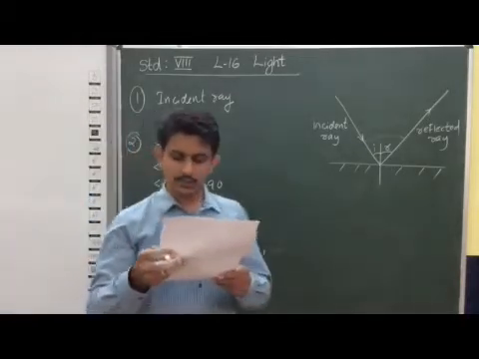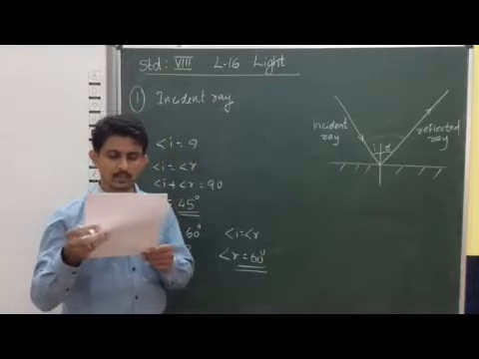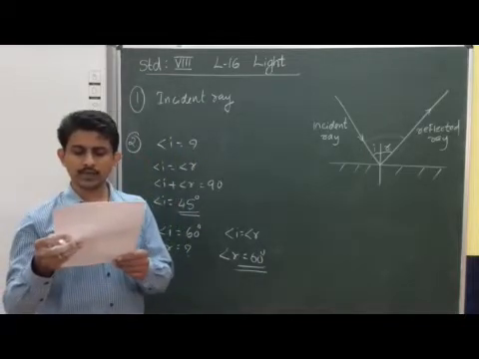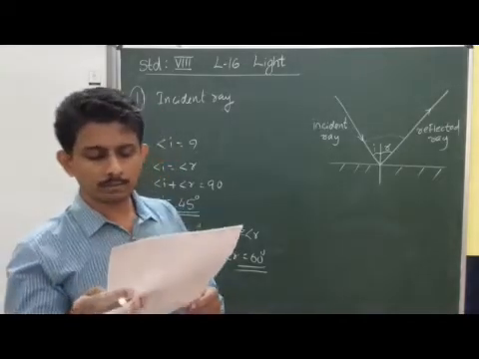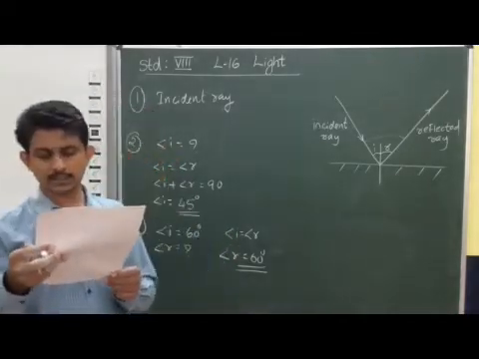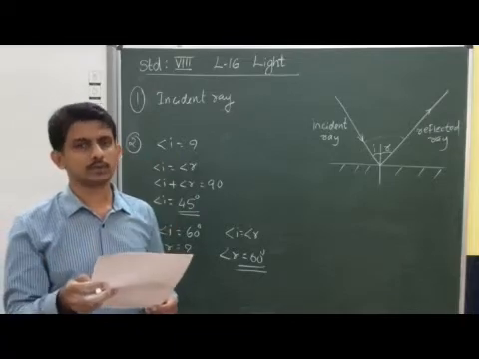Now let us see question number 4. The angle of incidence of a ray on a plane mirror is the angle that a ray makes at the mirror at the point of incidence, whether it is true or false.